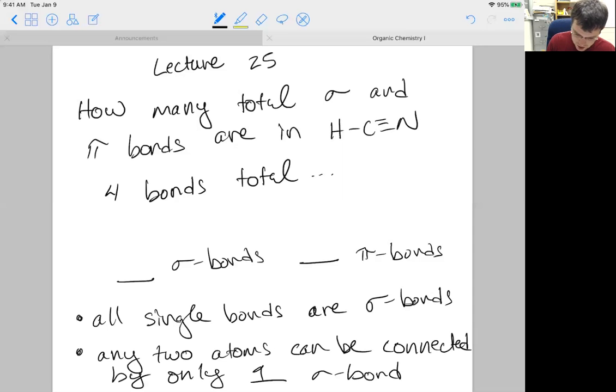These are 2 important points. You can only have 1 sigma bond between any 2 atoms that are covalently bonded. So I know that 2 of these atoms are connected by triple bonds, but we can only have 1 sigma bond in there. So a few ways to look at this.